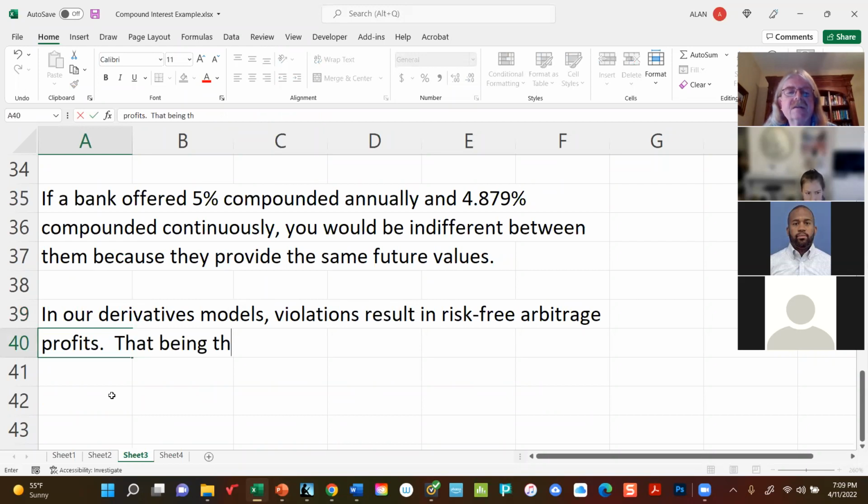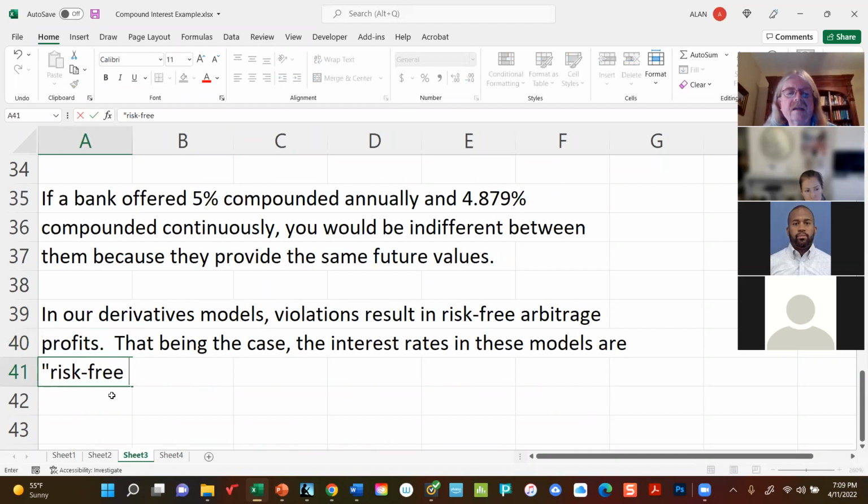That being the case, the interest rates in these models are risk-free rates. And that means basically treasury rates of the same maturity.